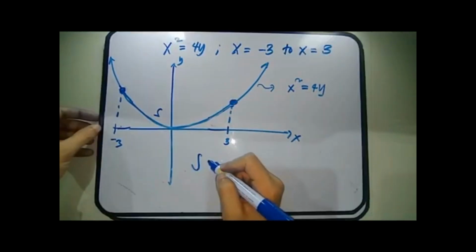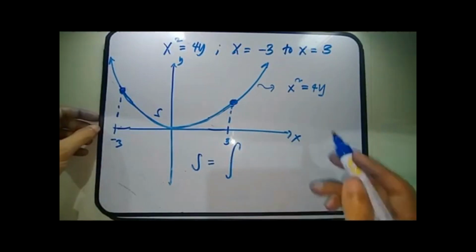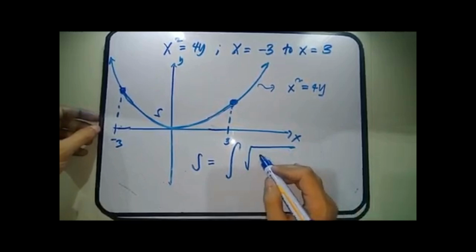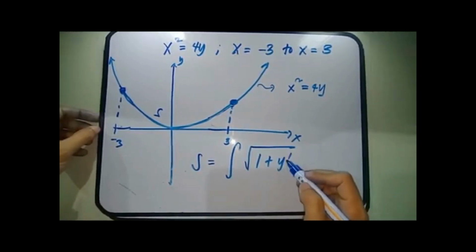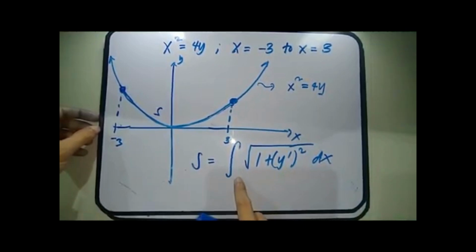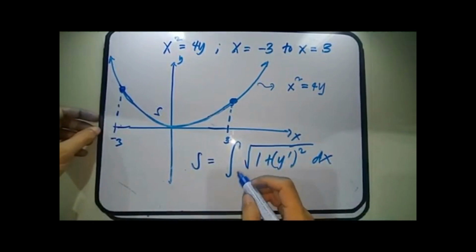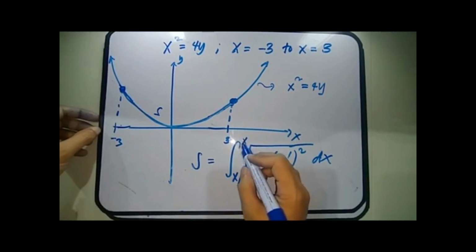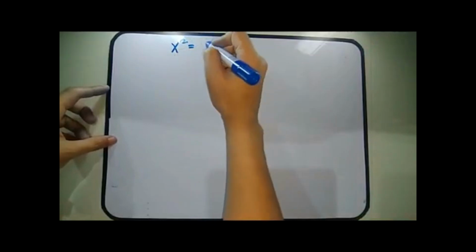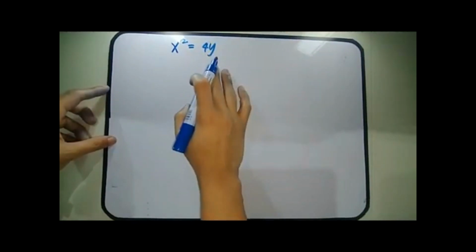Then we apply the formula. We have here s is equal to the integral of the square root of 1 plus y prime squared dx from x1 to x2. So here x1 is -3 and x2 is 3. We have here x squared is equal to 4y, so we need to find y prime here.